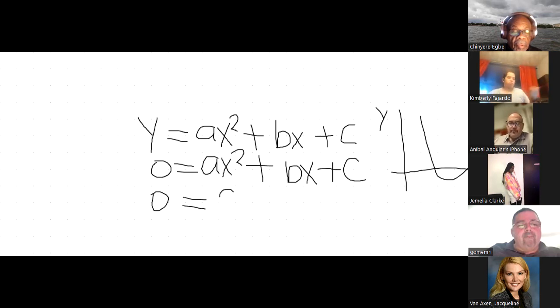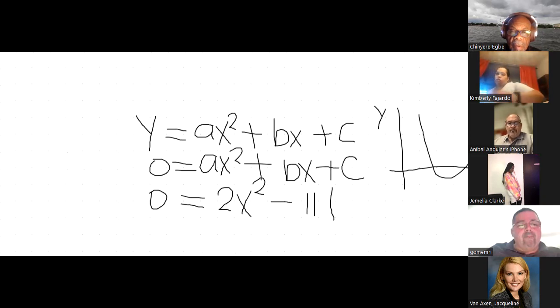Say 2x squared minus 11x minus 21. Okay, we have 2x squared minus 11x minus 21 is equal to 0.